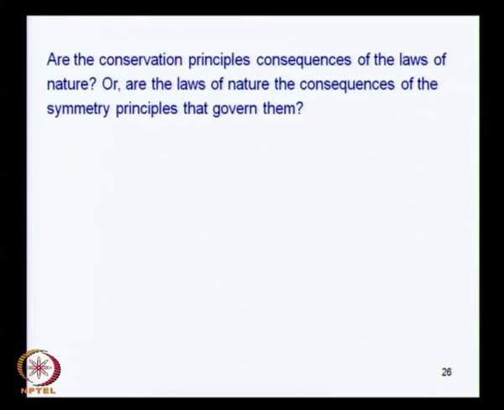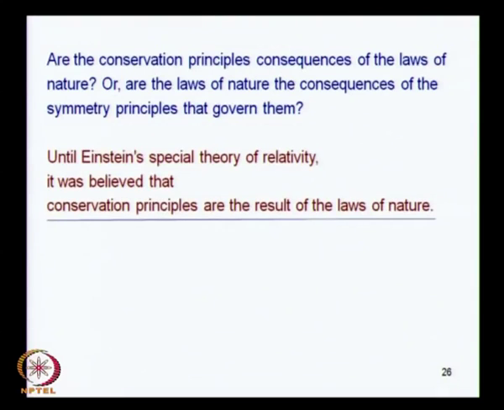The thinking in the physics community sort of changed with Einstein. Until Einstein came up with the special theory of relativity, one believed that the conservation principles are the results of the laws of nature, which is what we did in the previous two cases.